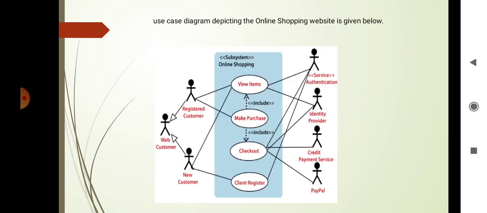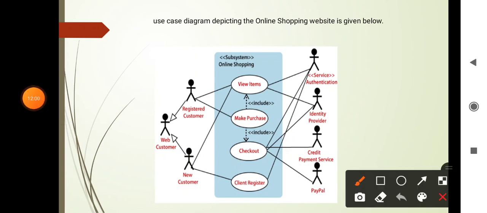Then another example of a use case diagram depicts an online shopping website. Suppose this is the online shopping example, and it has actors: registered customer, web customer, new customer, PayPal, then authentication, identity provider, and credit payment services. The use cases are view items, make purchase, checkout, and client registers.